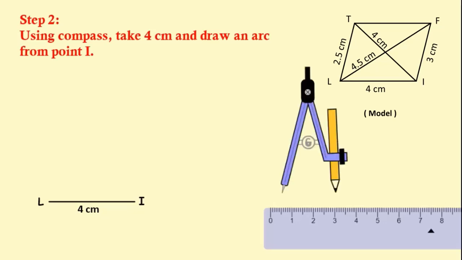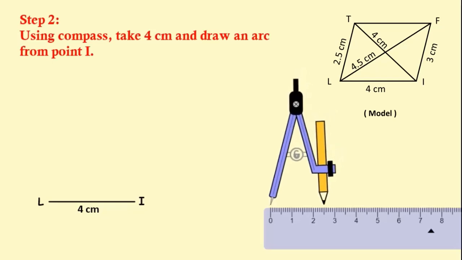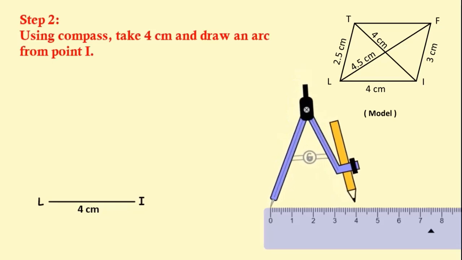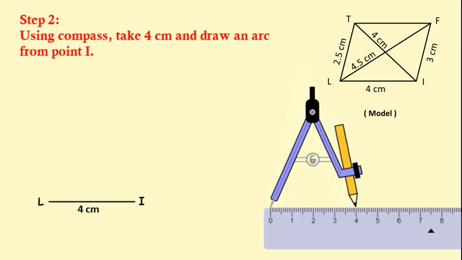In the second step, using compass we take 4 cm and we draw an arc of radius 4 cm above the L, because you can see in the rough sketch that the length of diagonal TI is 4 cm and the point T is above the line LI.